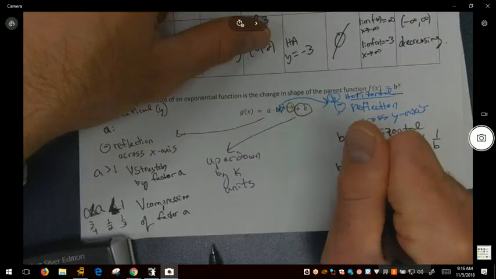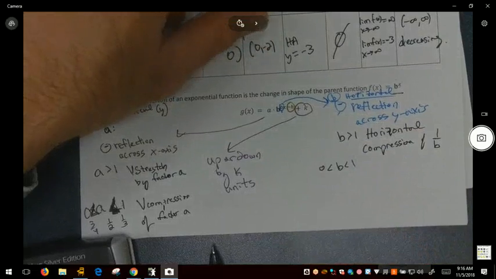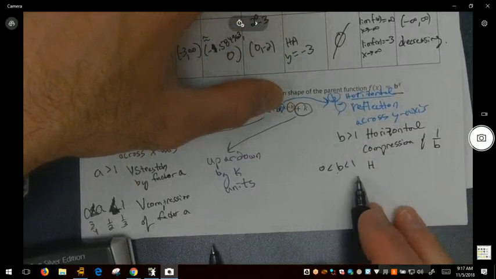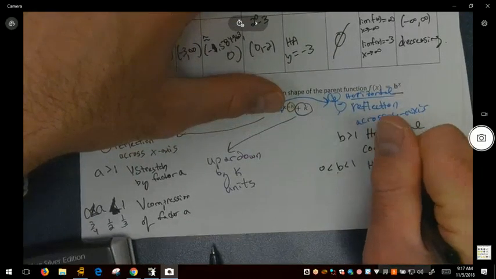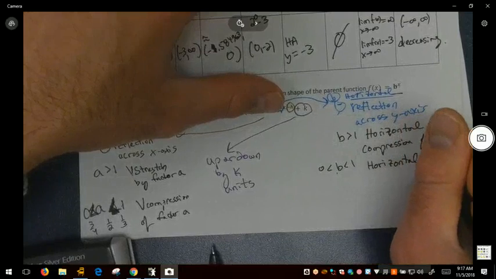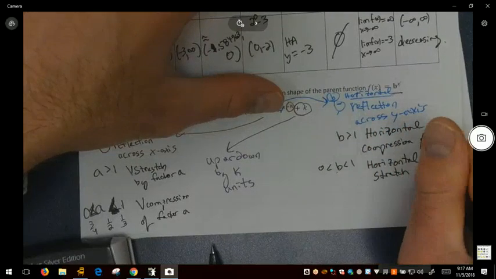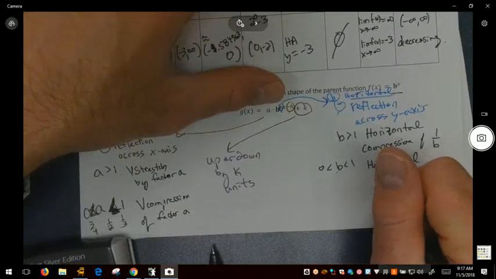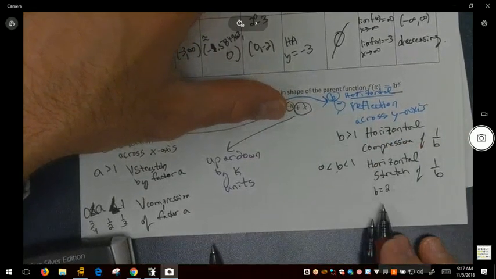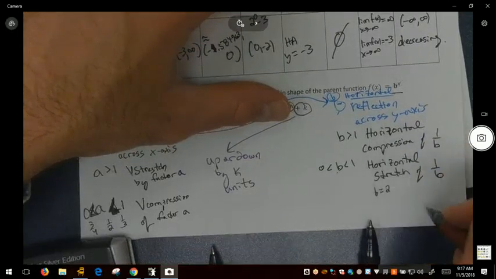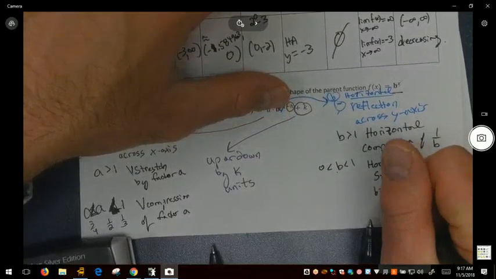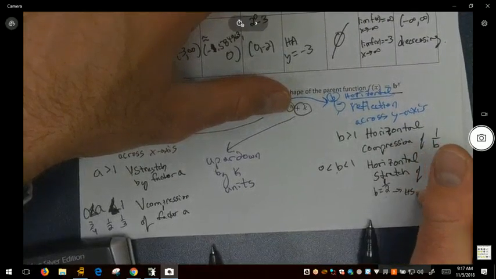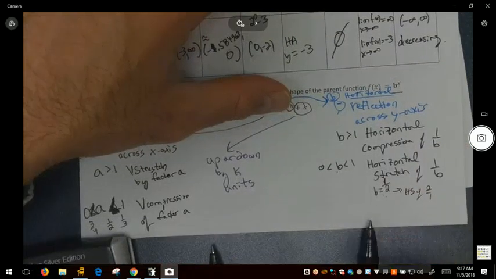Whereas if b is less than 1 and greater than 0, so we see a fractional value for b, we think, oh, it's going to get smaller, and in fact, instead it gives us a horizontal stretch of 1 over b. Let's say that b was 1/2. It won't be a compression. It will be a stretch of 2 over 1, the reciprocal value.